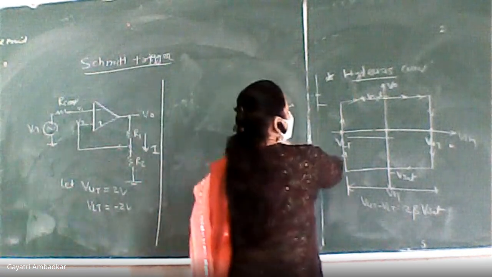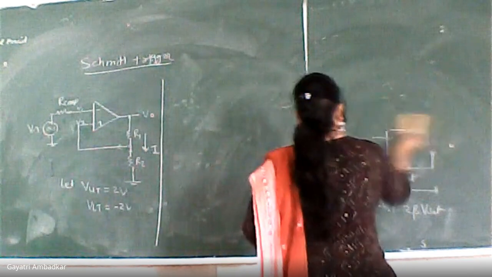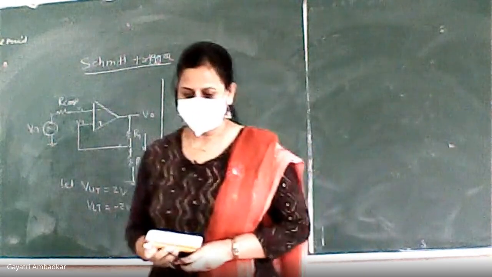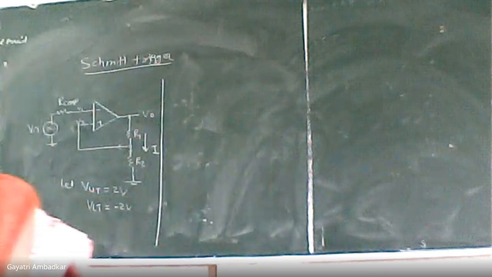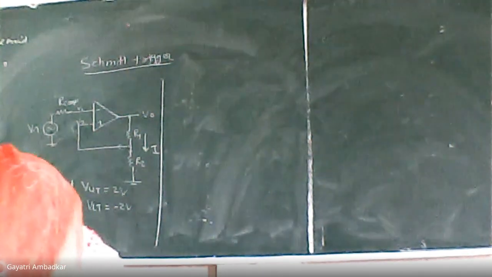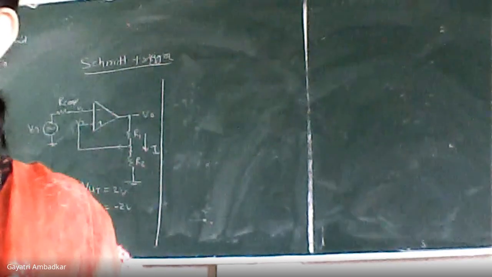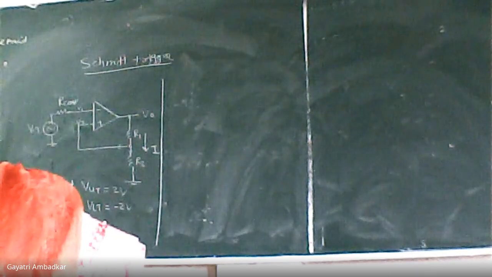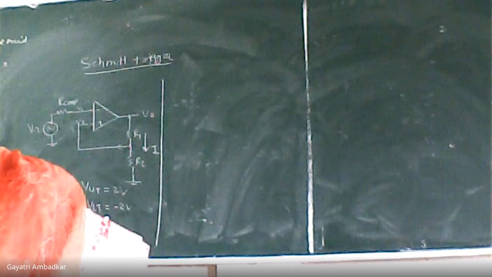So first of all, you draw a Schmitt trigger circuit. I'll repeat the problem. Design a symmetric Schmitt trigger circuit if VUT equal to plus 2 volt and VLT equal to minus 2 volt.